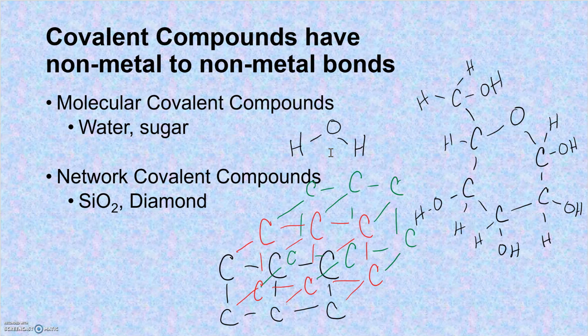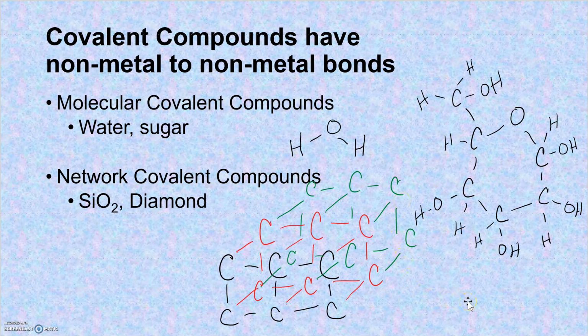Now, there are a special type, not as many, not as prevalent, but they're called network covalent compounds. So covalent meaning all nonmetals, and the network means that the bonding forms like a three-dimensional network. And I like to think of it as a crystal lattice, which sounds really fancy. But imagine like a three-dimensional bonding. And this is what's making diamonds so strong, it's the bonding that goes on.